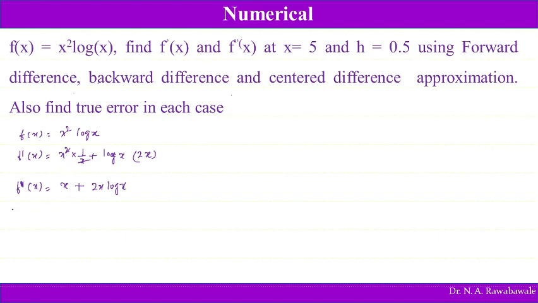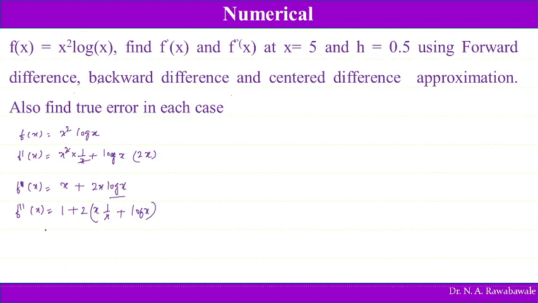After simplification we get f double dash of x: derivative of first function, derivative of x is 1, then plus 2 as it is constant, first function as it is, derivative of second function is 1 over x, plus the first function, derivative of second function, then second function as it is, derivative of first function is 1, that is log x.